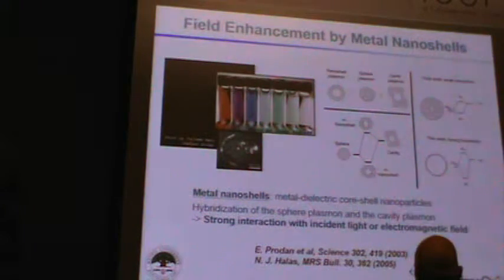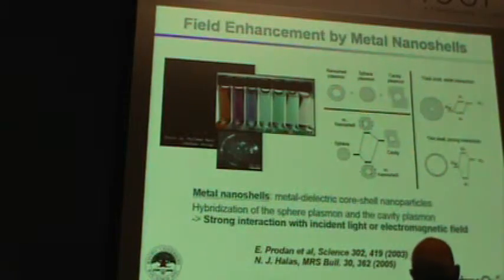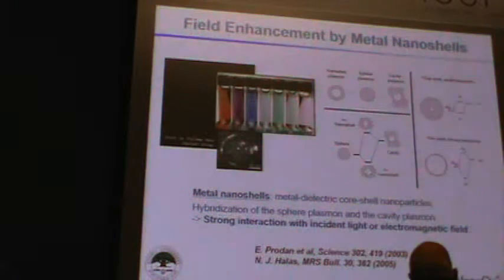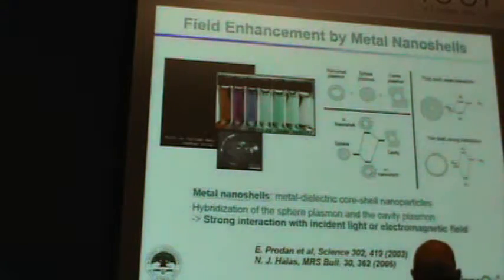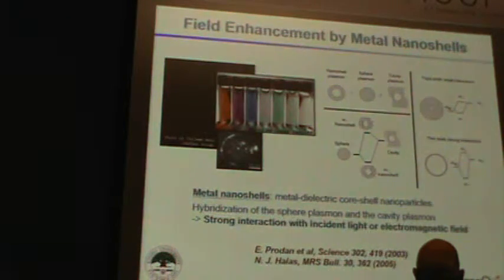And particularly for this system of material, we can have even higher field enhancement effect thanks to the hybridization of the intrinsic spherical plasmon mode and the cavity mode.